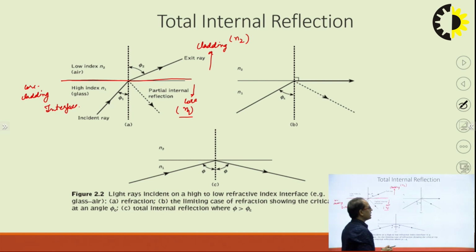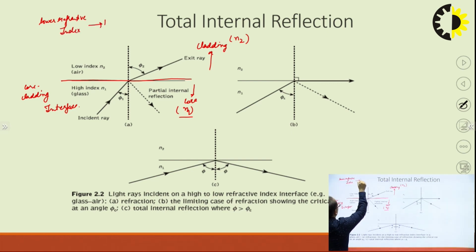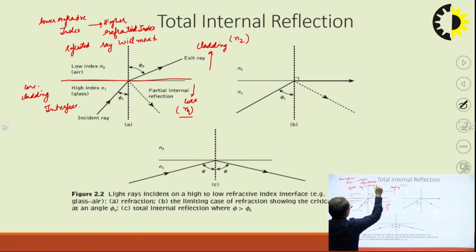If the ray transmits from a lower refractive index to a higher refractive index medium, then the ray will move towards the normal.